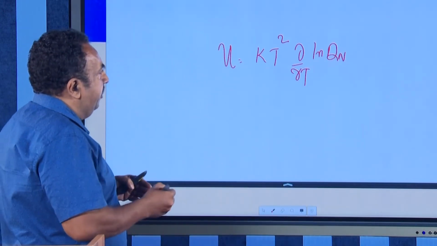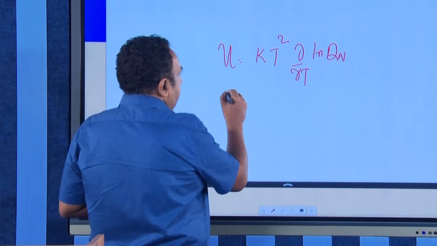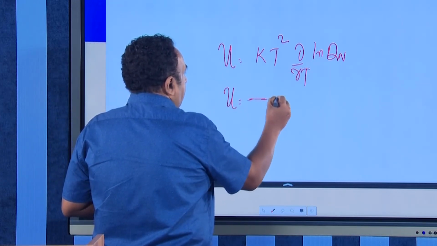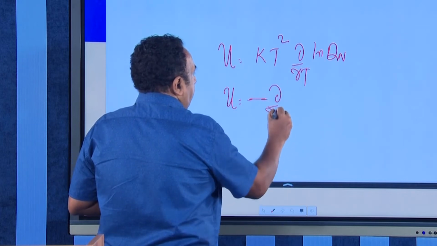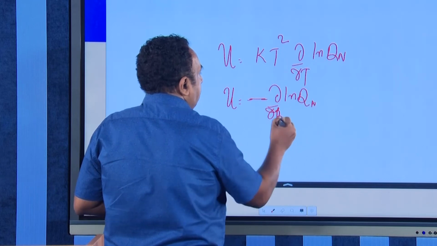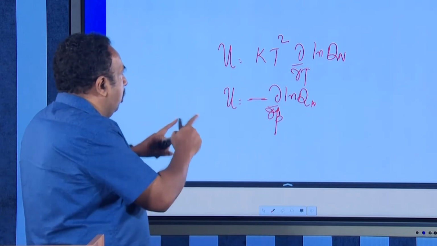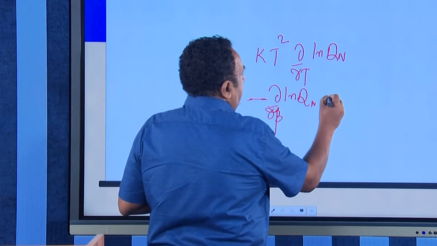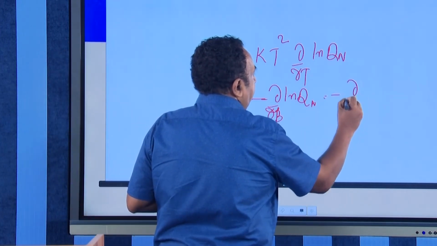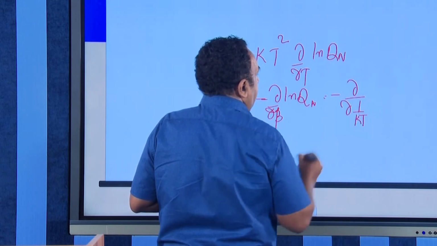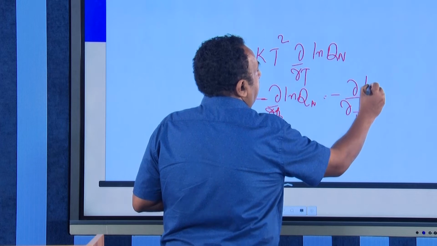I am giving a different expression for this. This can be rewritten in this form: U is equal to minus dou by dou beta of log Q n, where beta is 1 by K T. Let us see how you can get this expression from the earlier one. Beta is 1 by kT, therefore minus dou by dou of 1 by kT of log Qn.